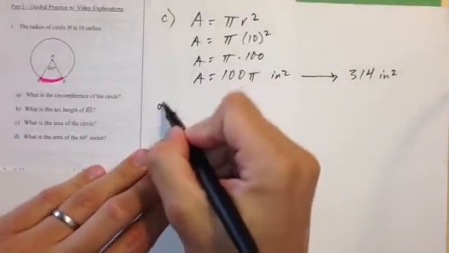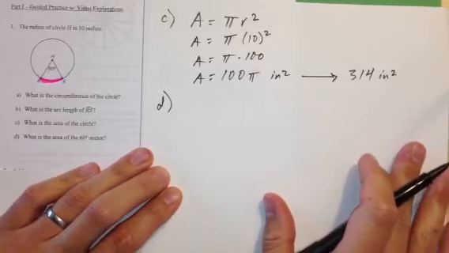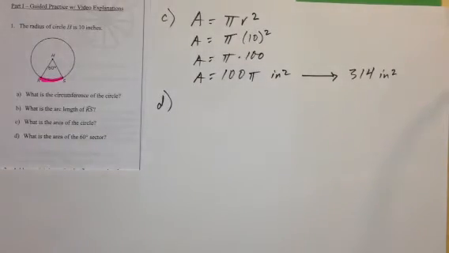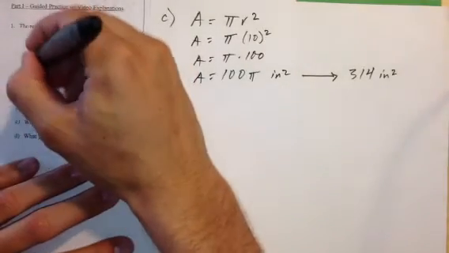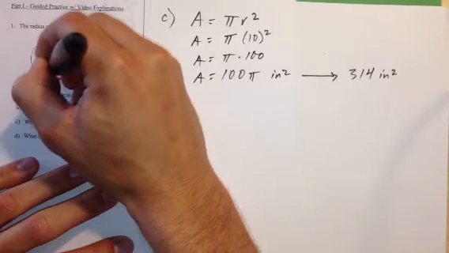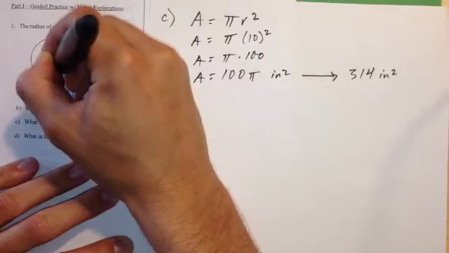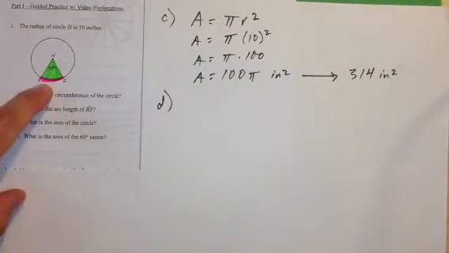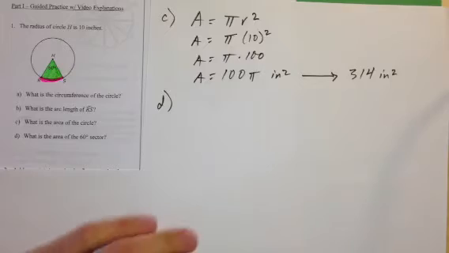Okay, part D. Part D asks, what is the area of the 60-degree sector? Well, let me highlight in green here the sector. The green shaded area, that is a sector.